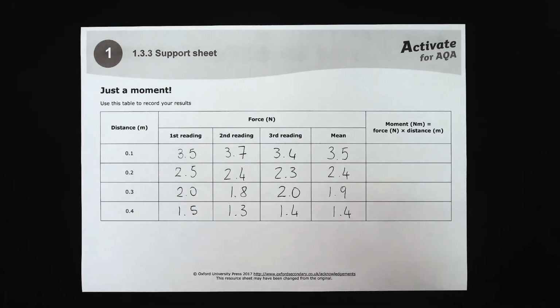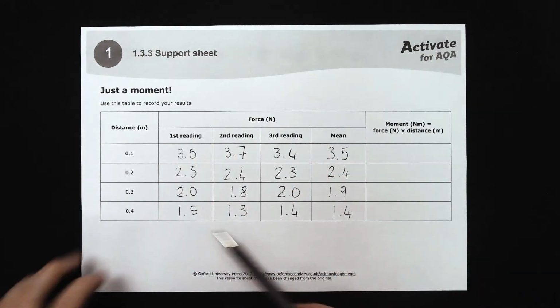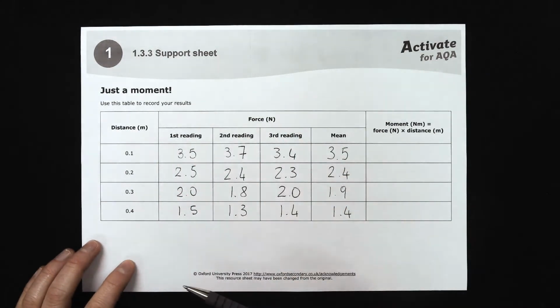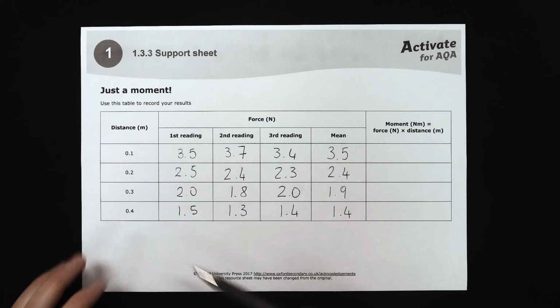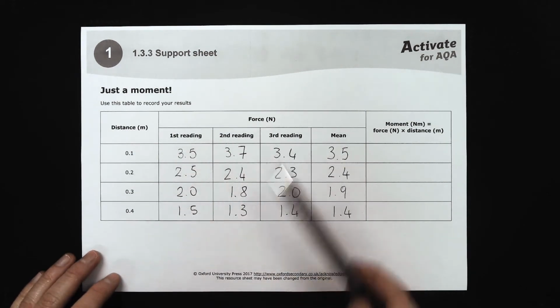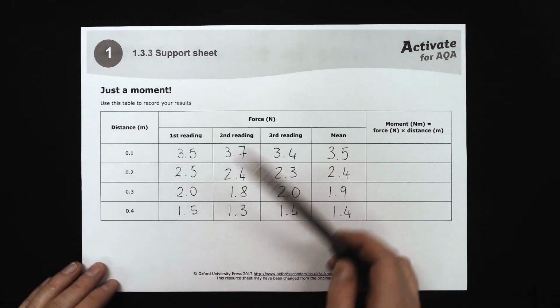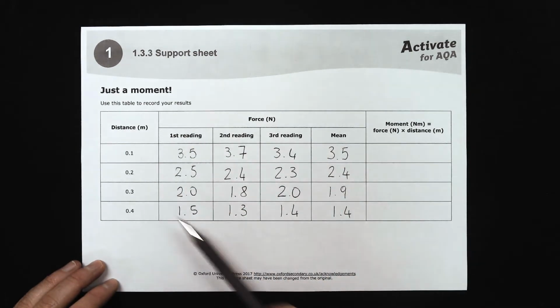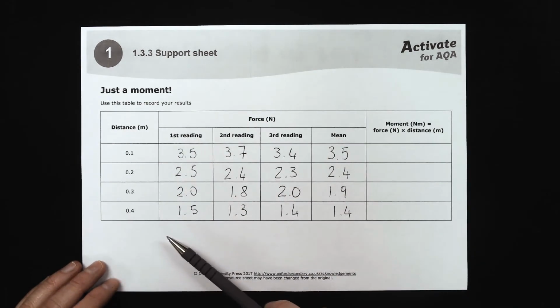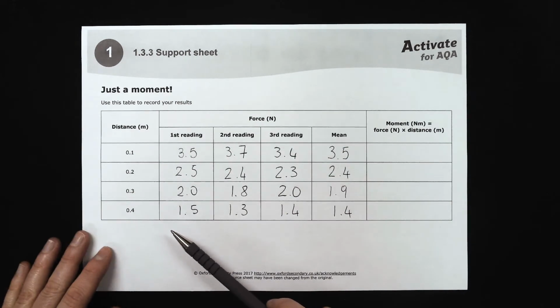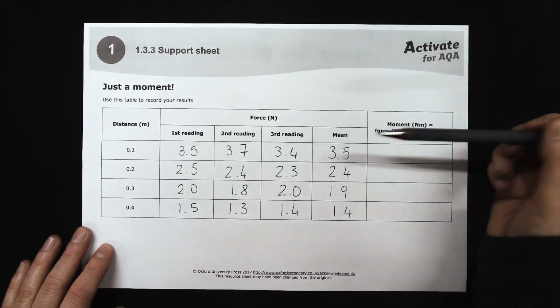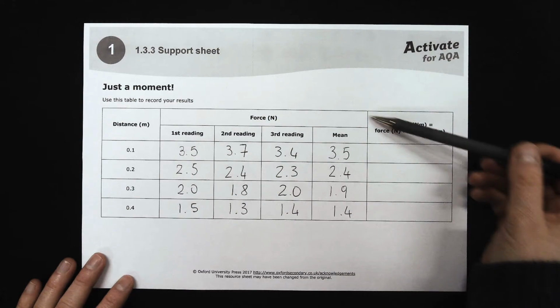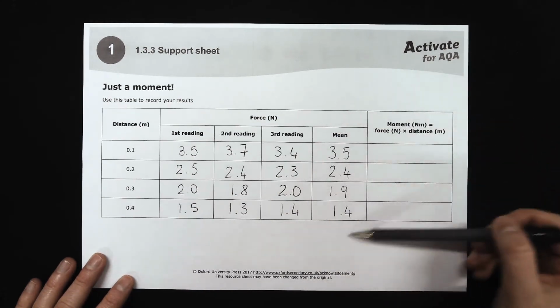Okay, I would say if we look at these sets of results, they are quite repeatable, they are quite close together, okay? So remember the difference between repeatable and reproducible. Repeatable if I repeat it, reproducible if someone else is repeating using the same method. But what conclusion can we make from here?